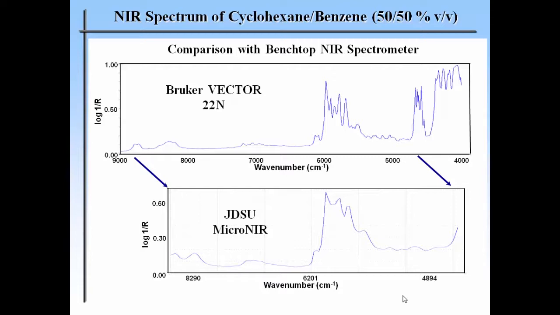Here is a mid-infrared region, and here is a visible region. This is the extended version of this micro near-infrared instrument. If you now look, we are focusing on this region here, from here to here. All the features are here, but they have less fine structure. But the information is here. And if you use chemometrics, you can extract this information.